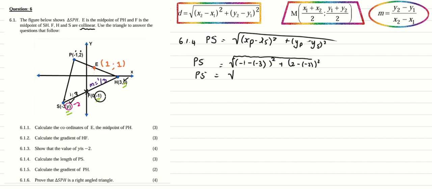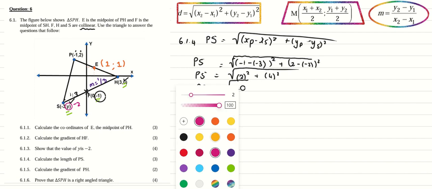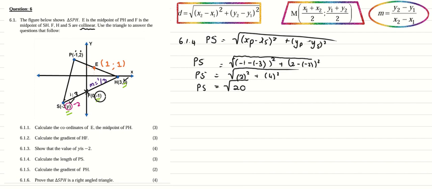We end up with the square root of 2 squared plus 4 squared, which your calculator will give you as 20. Now I would say to leave your answer in surd form so that you don't miss out on any of the decimal values. And now that we have the length of PS, we can fill that in with yellow. So PS is root 20 units.